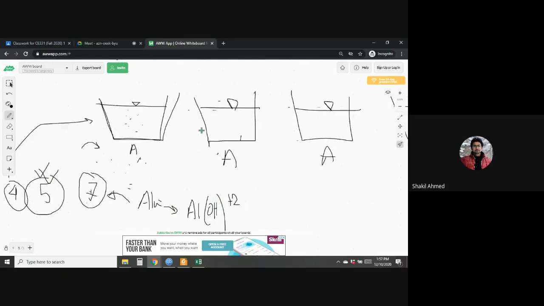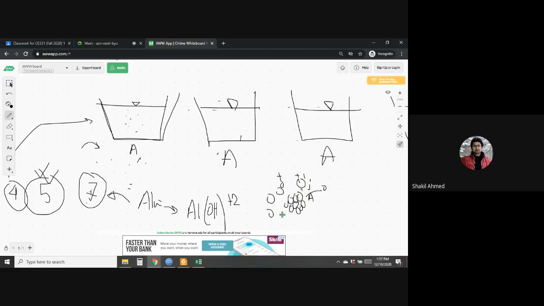Then the particles which were aggregated, since there are lots of charges, positive, positive, positive, they will surround them. So they will be separated now.